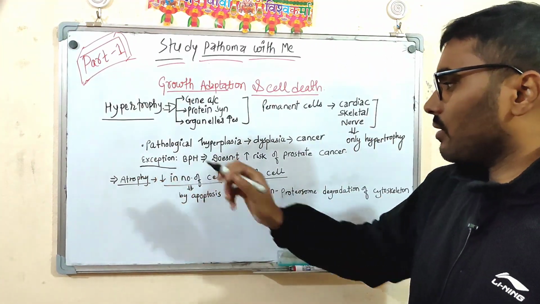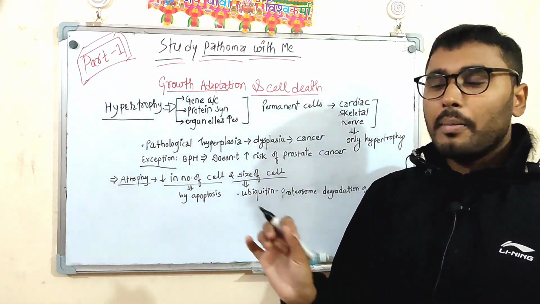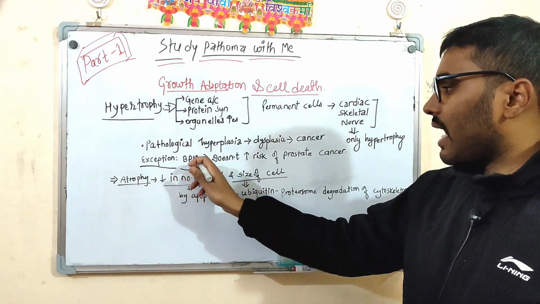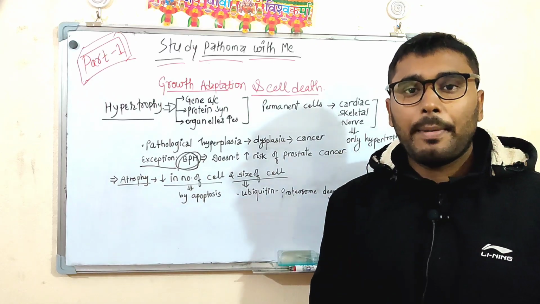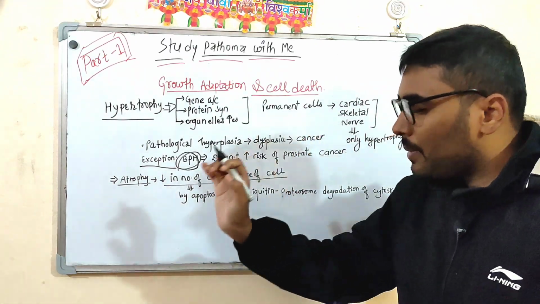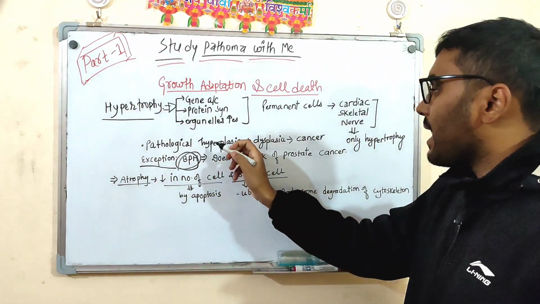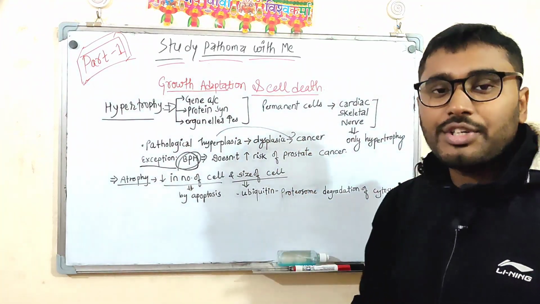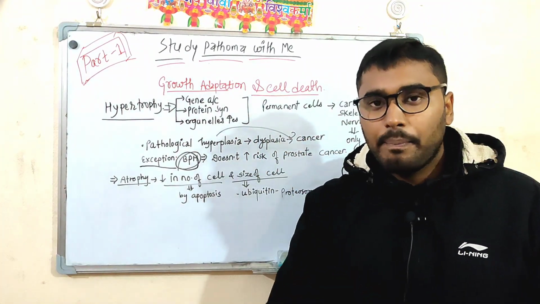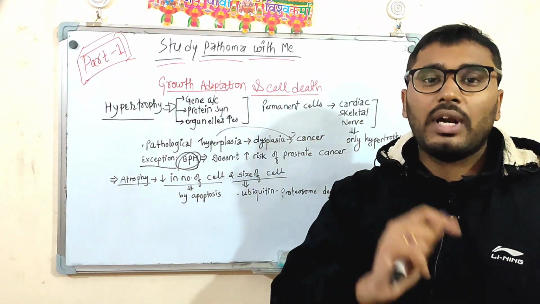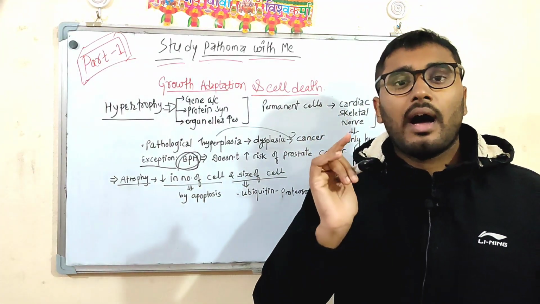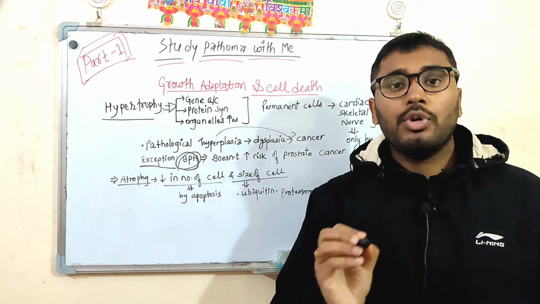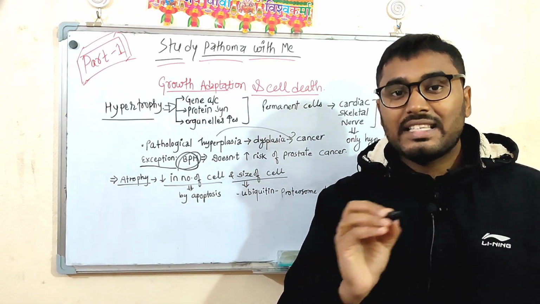What is the exception? The exception is benign prostatic hyperplasia. Remember, friends, every pathological hyperplasia has a chance of being converted into carcinoma, but there is an exception of only one hyperplasia. Very important MCQ question: which pathological hyperplasia will not increase the risk of carcinoma?